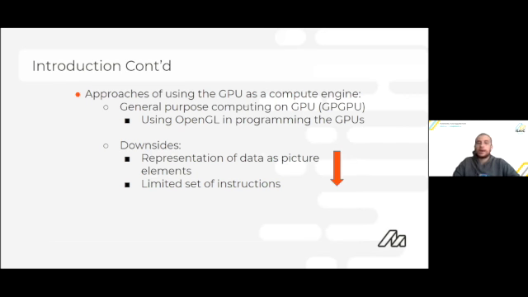Okay, so before the introduction of CUDA by NVIDIA, and I must say CUDA means the Compute Unified Device Architecture, and before its introduction in 2006, the main approach adopted to program GPUs, general purpose computing on GPUs, or GPGPU, was programming using OpenGL, which is a graphics library, and it had some downsides.